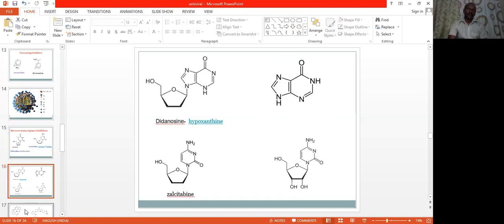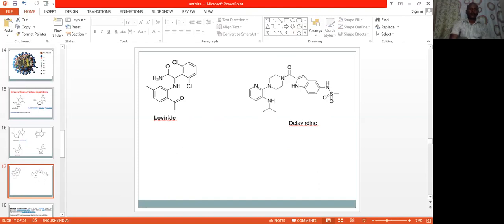Next, these two are the drugs, nevirapine and delavirdine. These are also reverse transcriptase inhibitors, but these are non-nucleotide reverse transcriptase inhibitors. The previous four drugs which we have discussed, lamivudine, zidovudine, zalcitabine and didanosine, are nucleotide analogs and reverse transcriptase inhibitors.